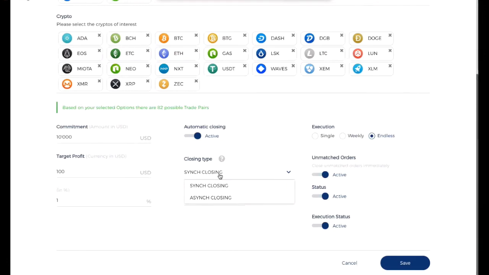Out of sync, if we choose this, it means that you can go to sleep and the program will automatically place all purchase orders and sell orders on its own. And after the completion of transactions, all currencies move to the initial position. As Waldemar said before, the Bitcoin becomes euro at the time of opening a transaction.